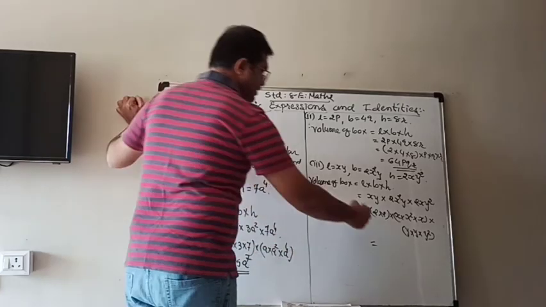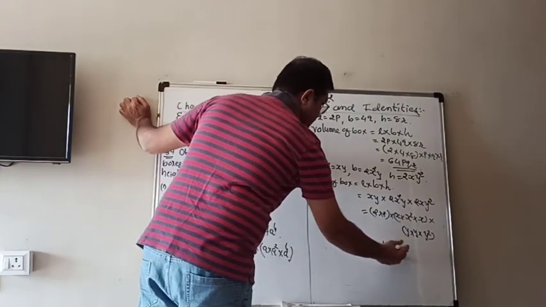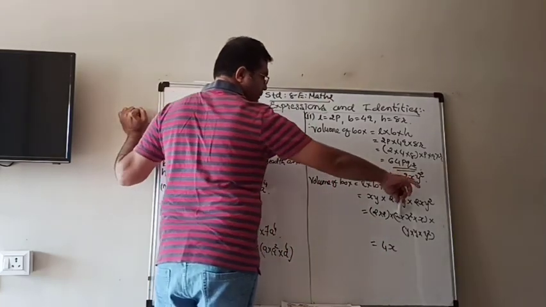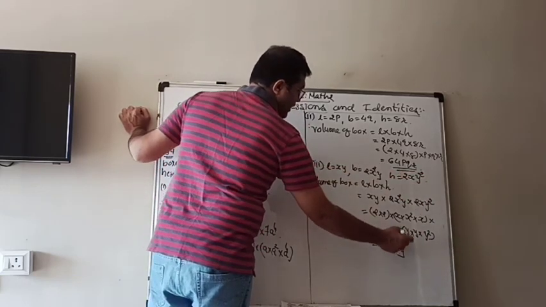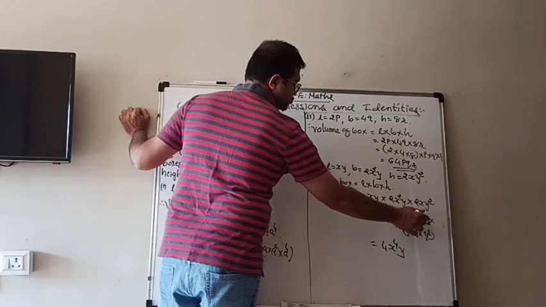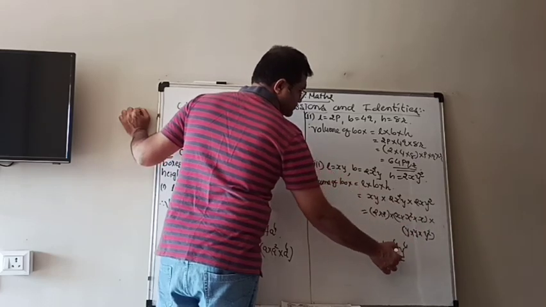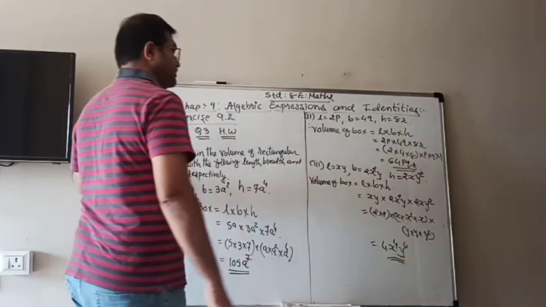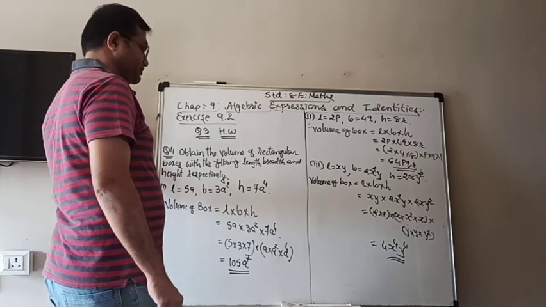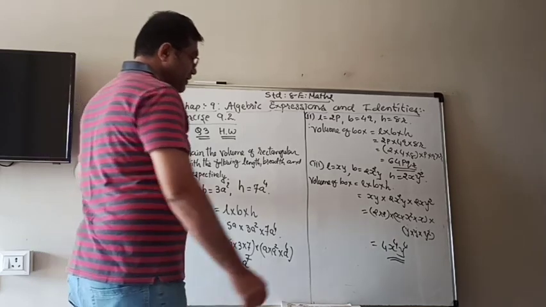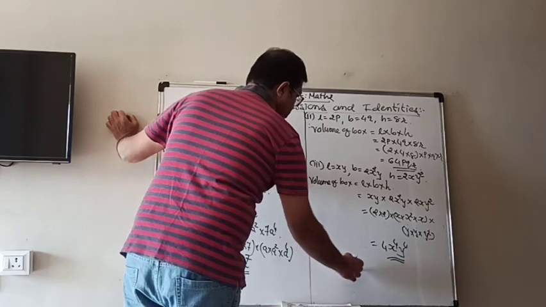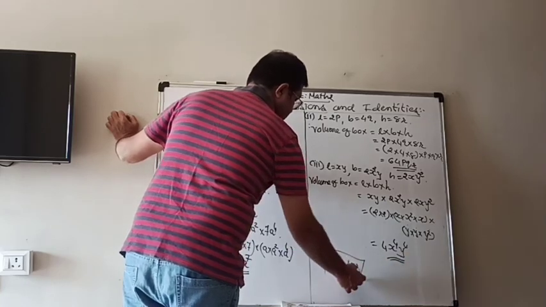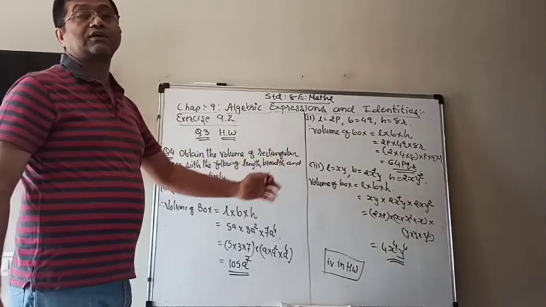So now 2 2s are 4, x raised to power 1 plus 2 plus 1, so it is 4, and y also has 1 plus 1 plus 2, that is 4. So that is the volume of that box. And the fourth remaining, you have to do yourself in your homework.